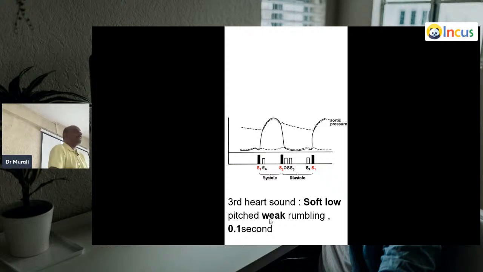I mean, more blood is there. At that time, the diastole started, and the blood is jumping into an empty ventricle, or, if there is a ventricular failure, into a ventricle filled with some blood already.